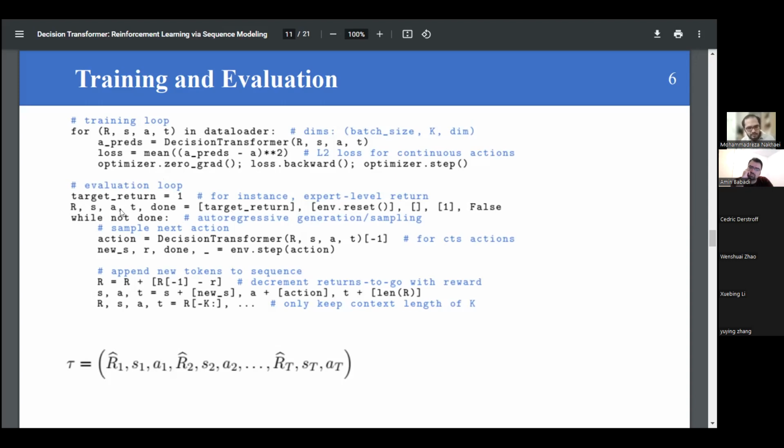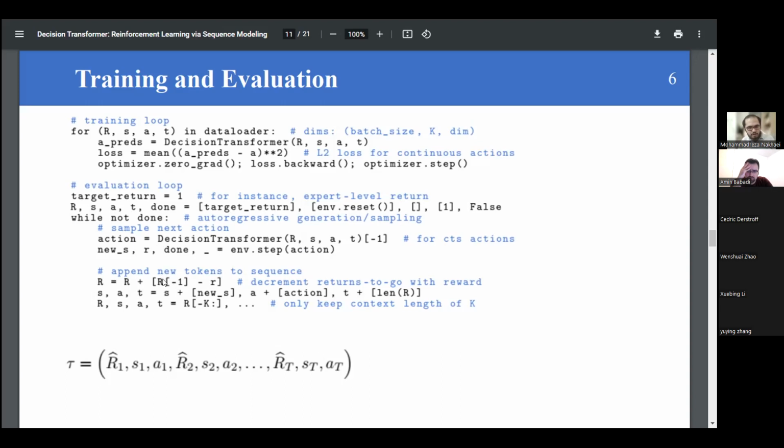So at first, there is a sequence of return to go, states, which is the initial state, actions, which is empty, and the time steps. While the episode is not finished, based on the previous sequence, an action is determined and the action is taken in the environment, then here comes the important part.